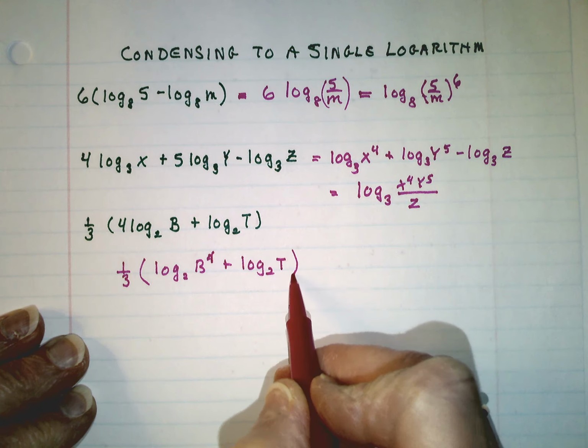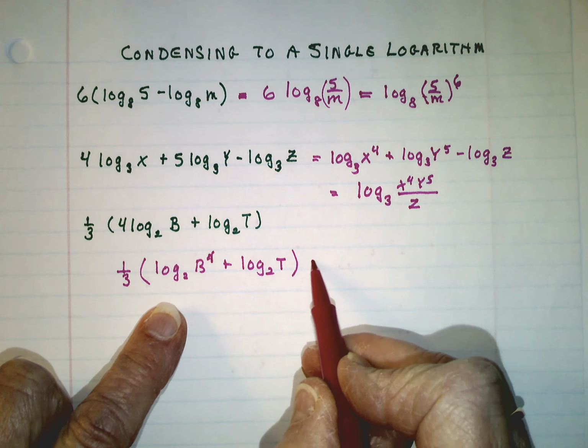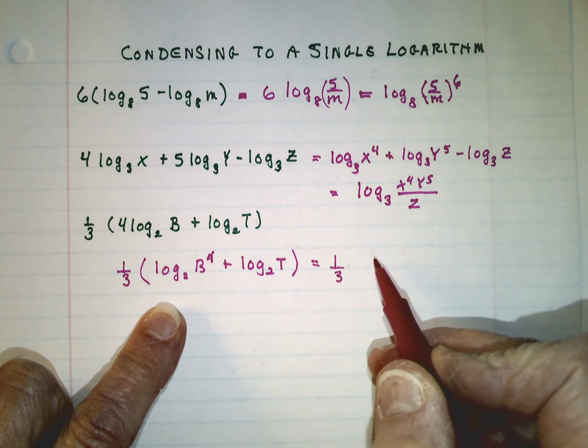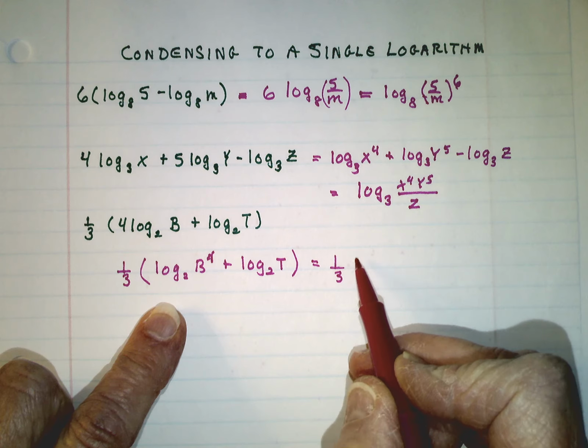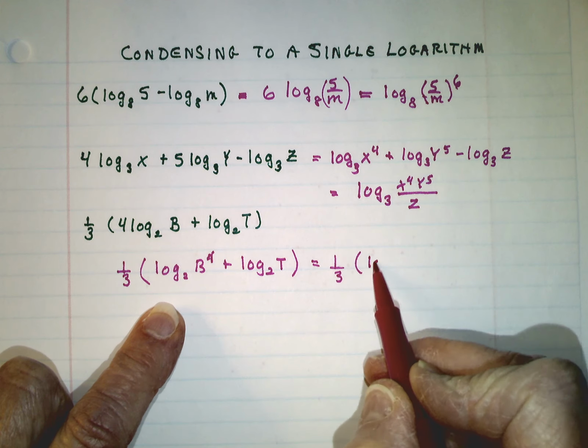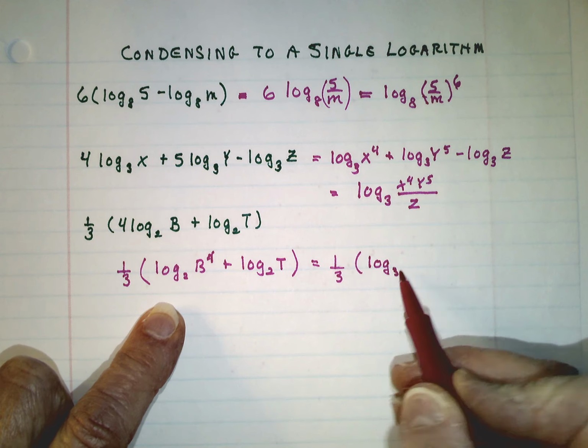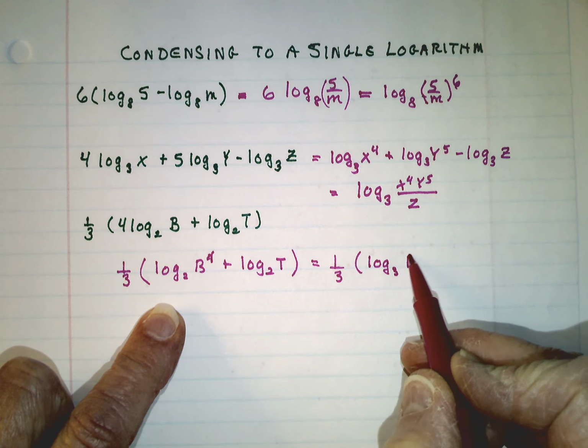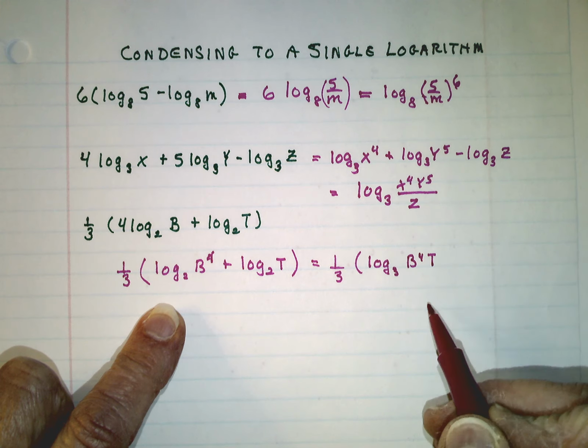Now still inside the parentheses, we have the same base. We added the logs, so that implies that there was a multiplication going on, that this is the same as log base 2 of b to the 4th times t.